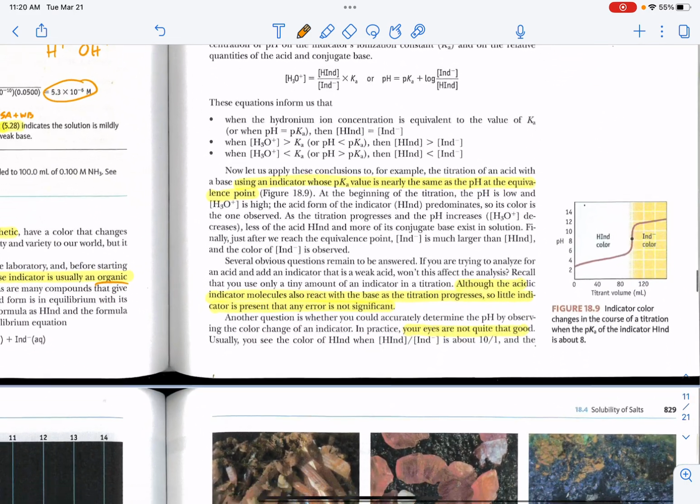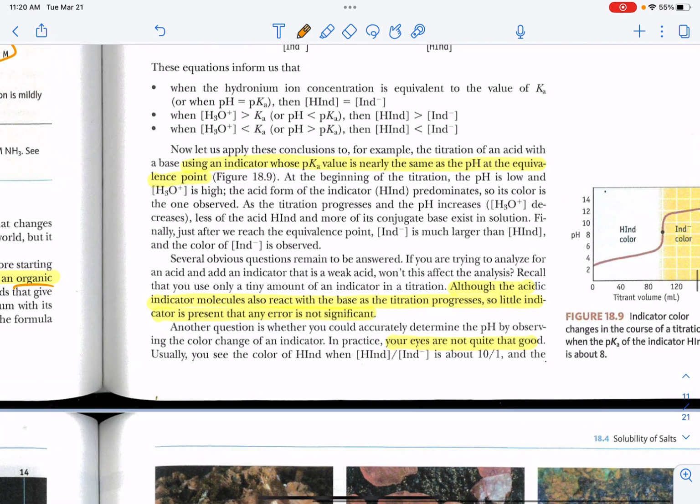Now, how do we pick the correct indicator again? We want one whose color change, the endpoint, is going to be in the same ballpark as what we expect the equivalence point to be. And another way of looking at it is right here.